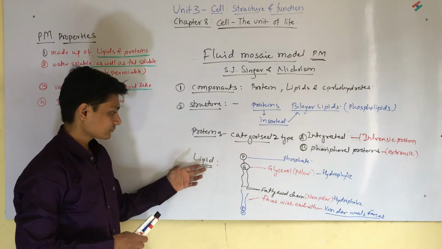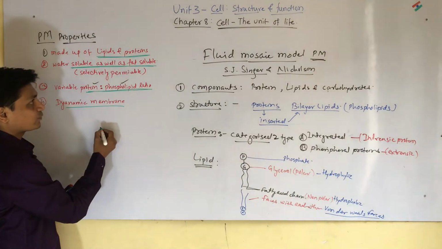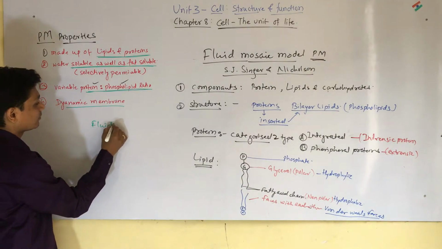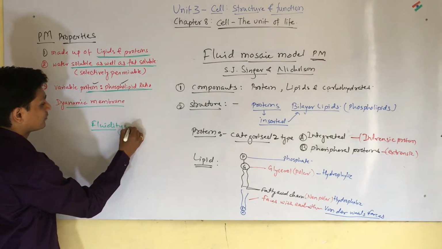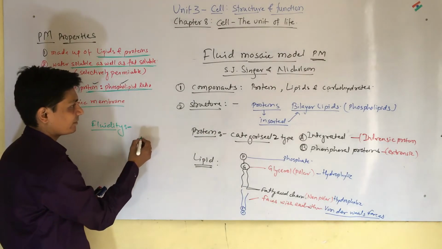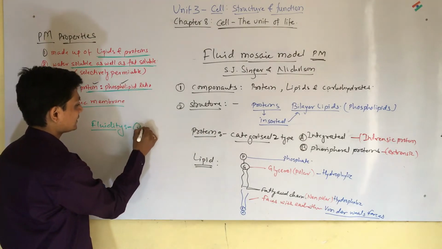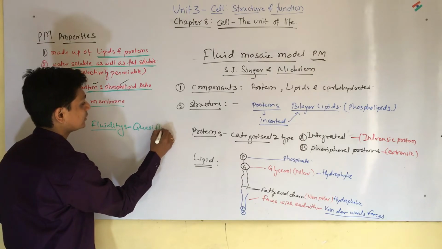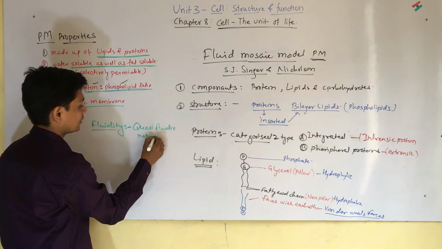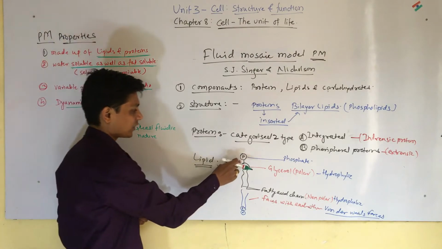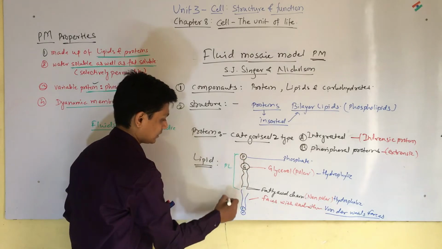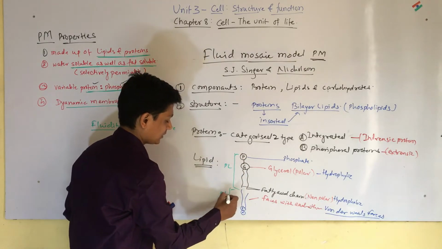Then the next point proposed by Singer and Nicholson is fluidity. The plasma membrane is of quasi-fluidic nature, meaning these are phospholipids and this is another phospholipid.